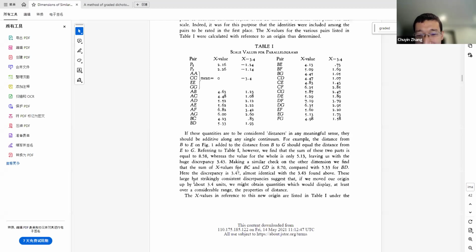When they found such similar numbers, no matter 3.43 or 3.47, they arbitrarily set 3.4. I'm very curious why they did that, but probably there's nowhere to find the answer. I think it may have something to do with the graded dichotomy method that they are using.